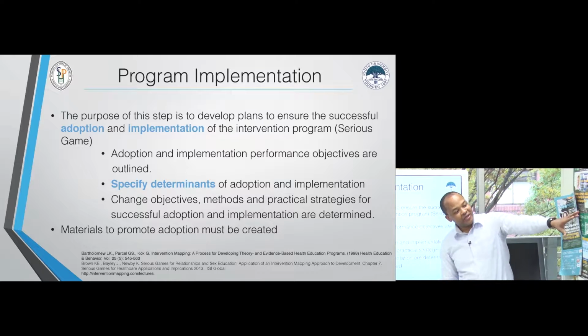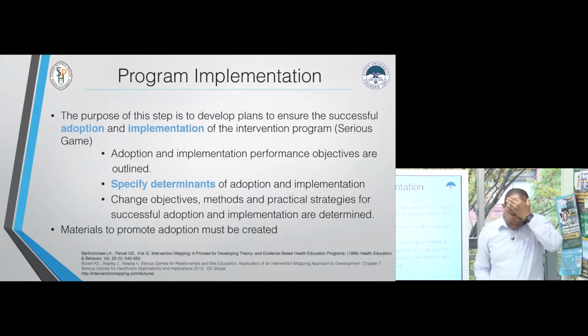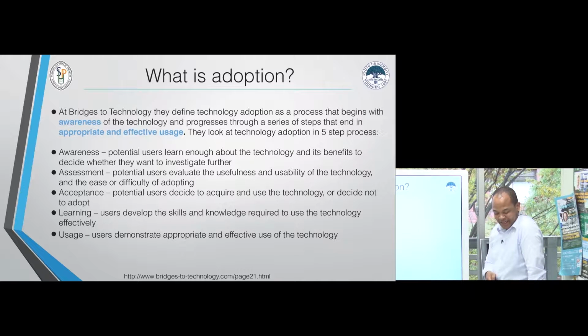So, for example, you designed a project to help people remember to take their medication. But what determines whether or not someone actually listens, reads a pamphlet, or plays the game? It's adoption. So I actually looked for a definition for this, and I found some definitions related to serious games or games in general. So adoption is defined in just technology.